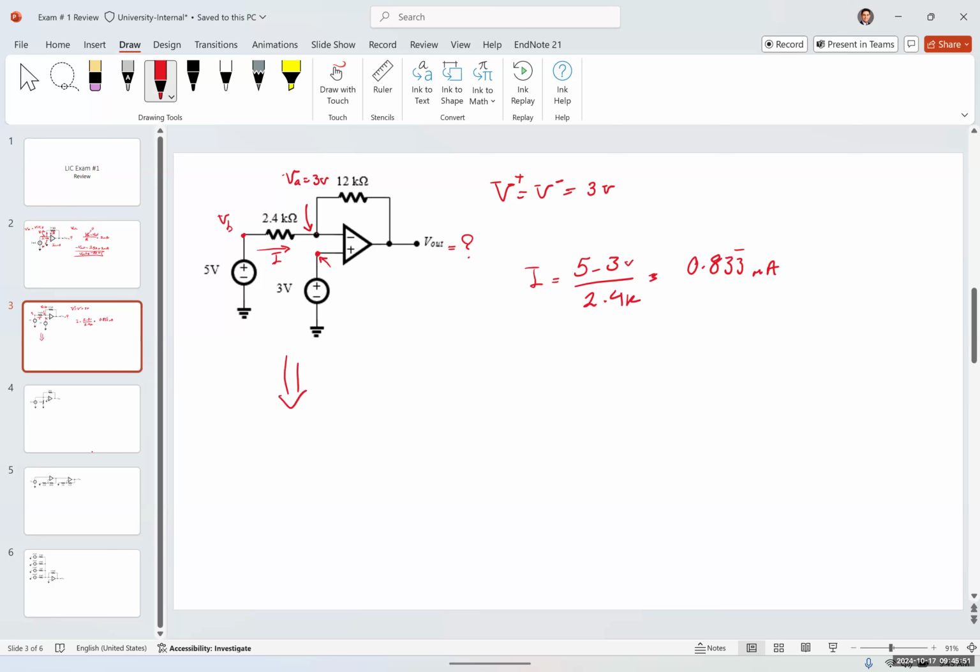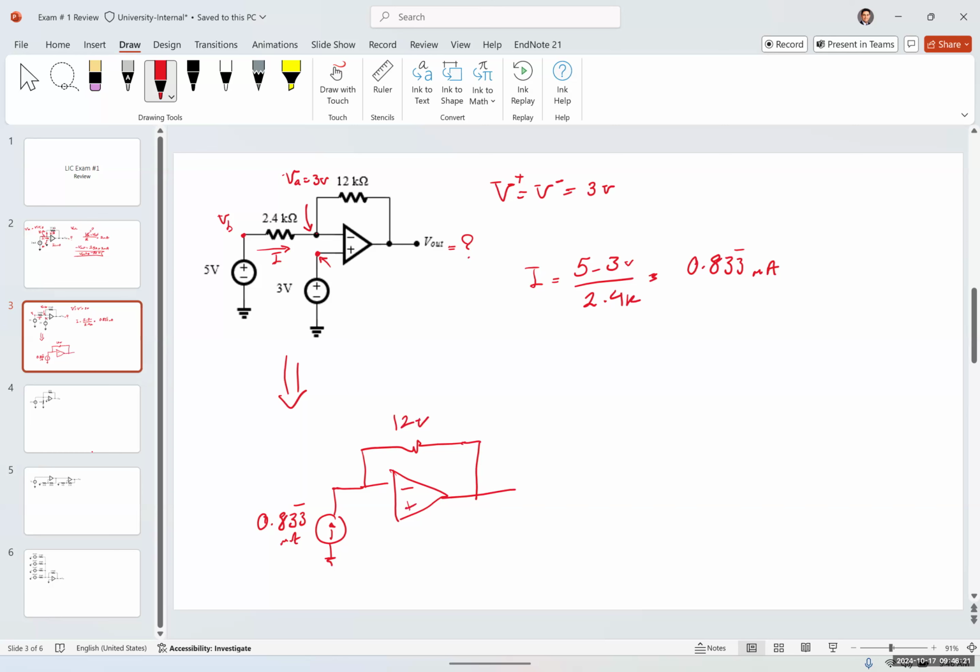So now what I can do is I can easily replace this with a current source, which is 0.83 milliamps, going into the op amp, and I have this 12K resistor.